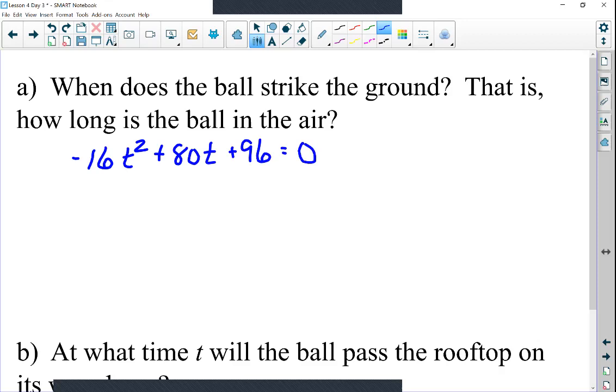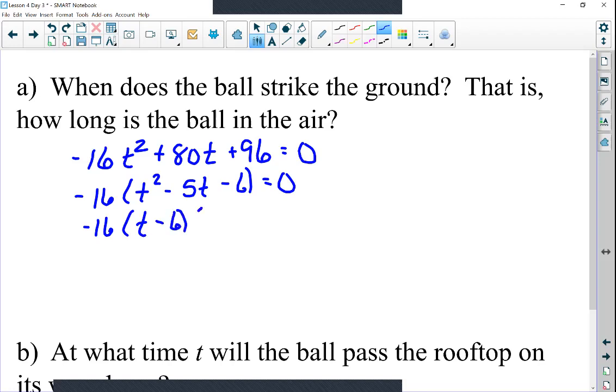Again, you could use the quadratic formula. You could look at a table of values. This one actually factors. There is a common factor of -16 that comes out. And so this factors into t minus 6, t plus 1.